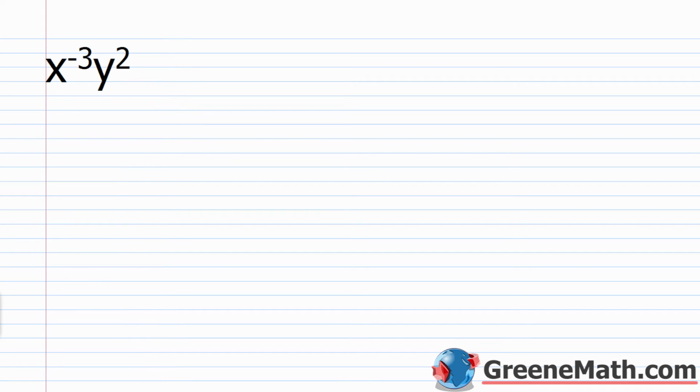What about x to the power of negative 3 times y squared? Well, you can separate these. Think about this as x to the power of negative 3 times y squared, like that. When you separate stuff with a multiplication sign, although you don't need it to imply multiplication, it makes it easier to separate these two in your mind. So this one right here is really 1 over x cubed.